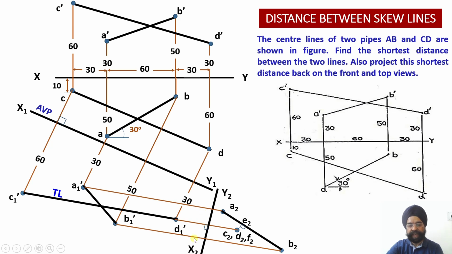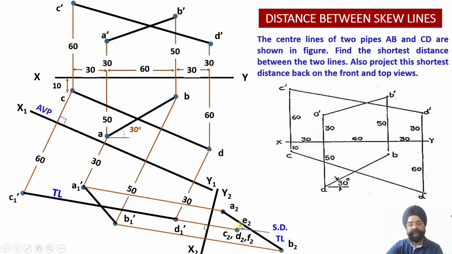Second, these projectors, they are perpendicular to the auxiliary inclined plane x2 y2. So in order to take this E2 back onto A1 dash B1 dash and locate the point E1 dash somewhere here, I need to draw fourth projector from E2 backwards, which will be parallel to the earlier three projectors which have already been drawn, and it will be parallel to the AIP x2 y2 which has been drawn over here.